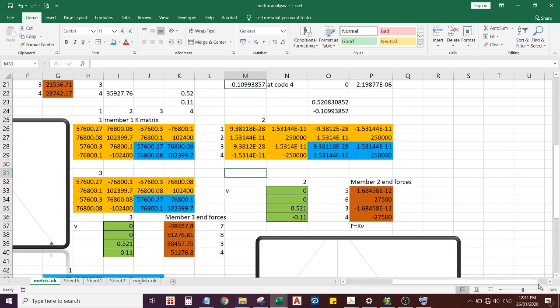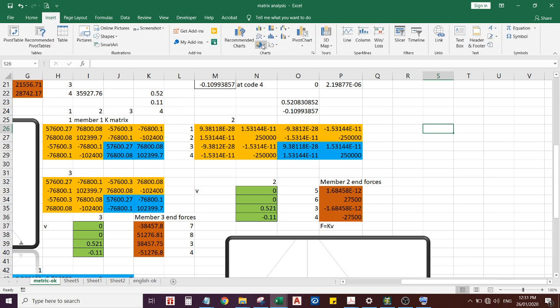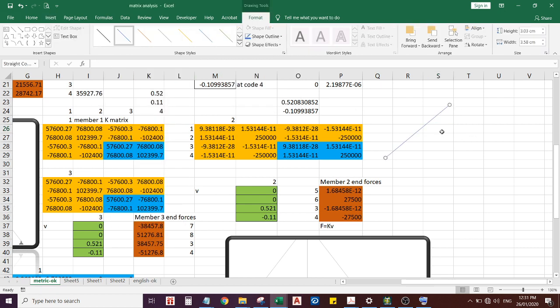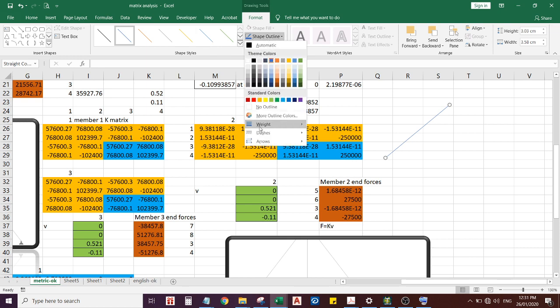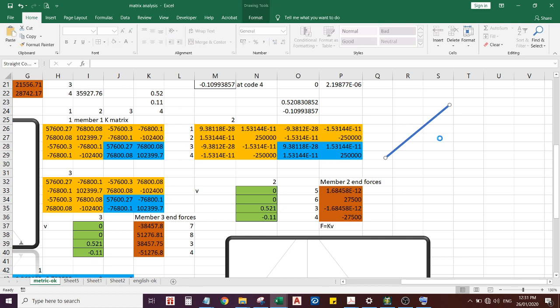So if you may recall, our code there is something like shapes. Remember this one. Control C, Control V. Then for member 2, this one, and for member 3, this one.